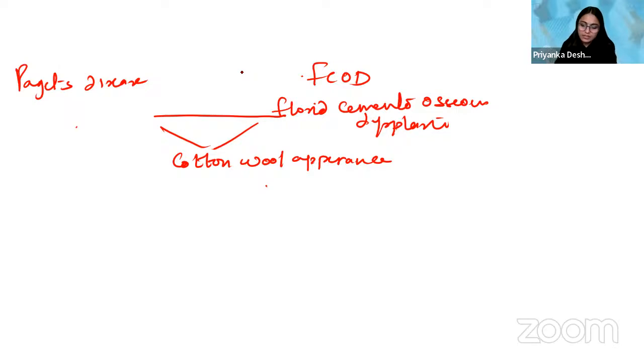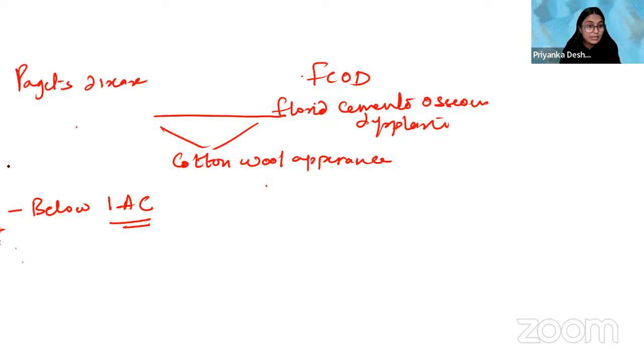Paget's disease is basically abnormal resorption and deposition of poor quality bone, and that affects multiple bones. Paget's disease, you can say, has its epicenter below the inferior alveolar canal, if it affects the mandible.